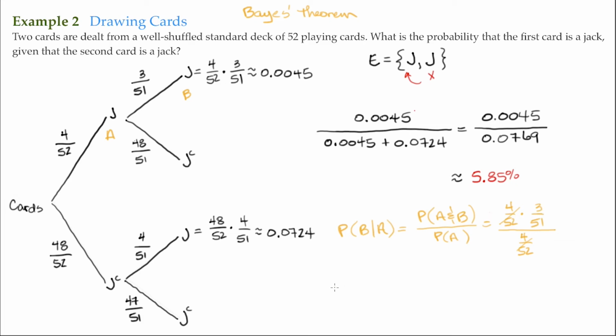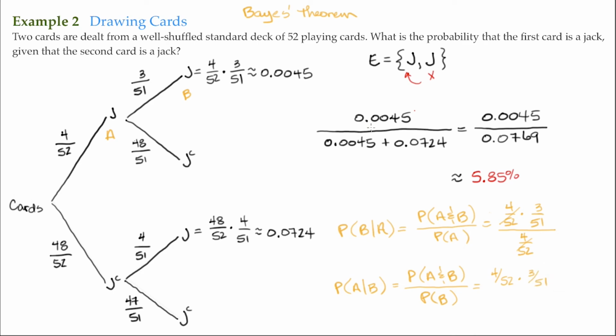But Bayes' theorem says the probability of A occurring given that B has occurred, that's the probability of A and B occurring, but we divide out the probability of B occurring. So the probability of A and B occurring, here it is right here. Again, that's 4 out of 52 times 3 out of 51.